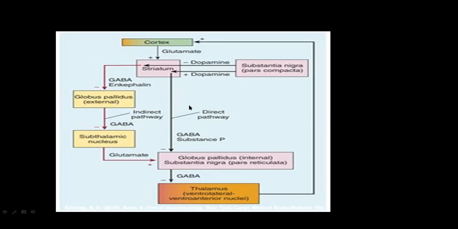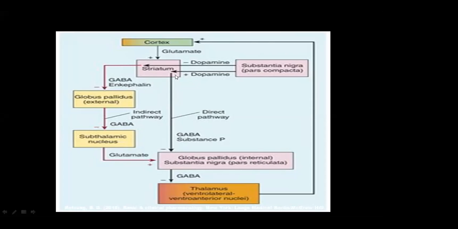So for the direct pathway, as the name implies, it is a direct pathway. It is the projection of the striatum to the output structures of the basal ganglia, which are the globus pallidus and the substantia nigra pars reticulata. It is called direct pathway because, as you can see, it bypasses the different structures of the basal ganglia, like the globus pallidus and the subthalamic nucleus.